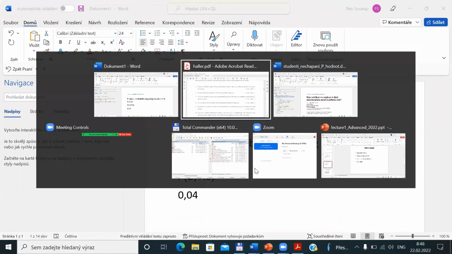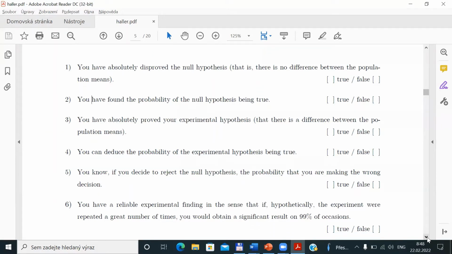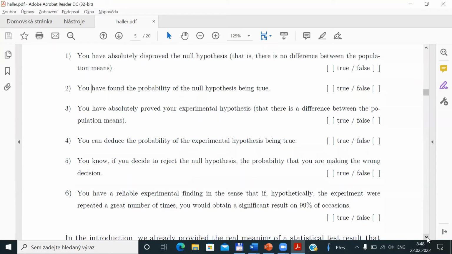So that's another pair. Now we have 2 more to discuss, number 5 and 6, if I remember well. I would say that number 5 is a little bit tricky: if you decide to reject the null hypothesis, the probability that you are making the wrong decision.